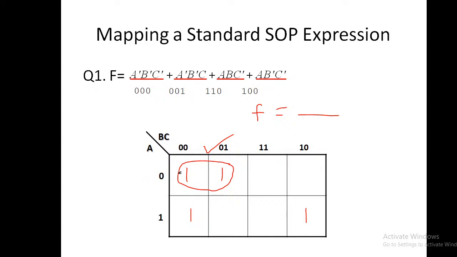So overlapping of pairs or overlapping of quads is feasible. So you can take the left out one with an already enclosed one, or you can create another pair. So I will be getting another term. What are the terms I will be getting? I will come to it later, okay?